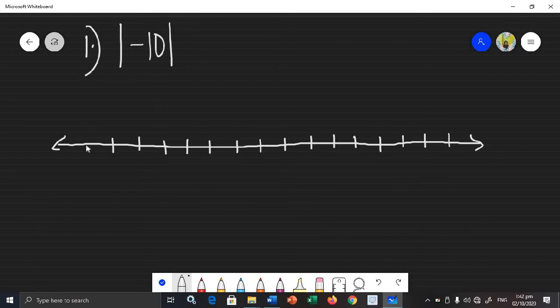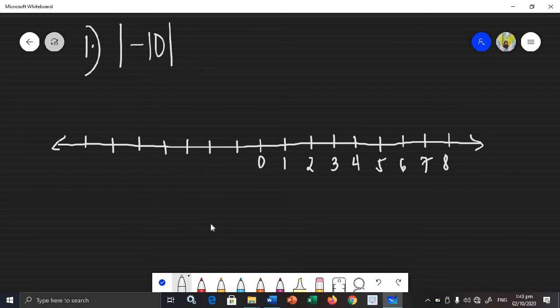So I'm going to fill in this number line here. Let's say here is the 0, and then on the right side, of course, are the positive numbers. 1, 2, 3, 4, 5, 6, 7, 8, let's say.